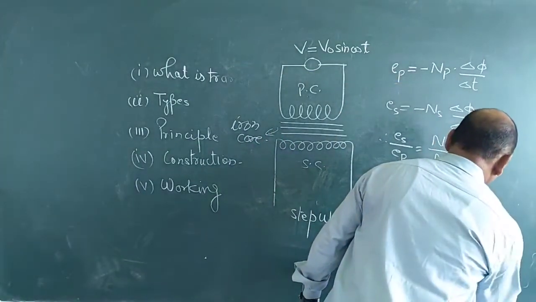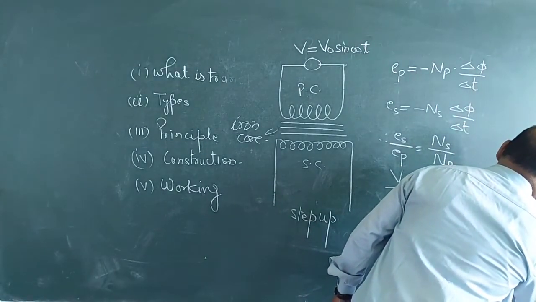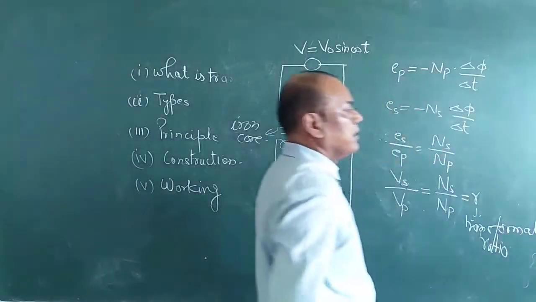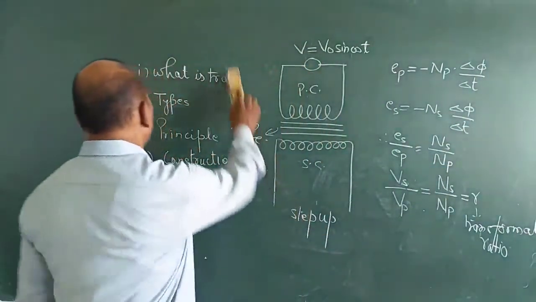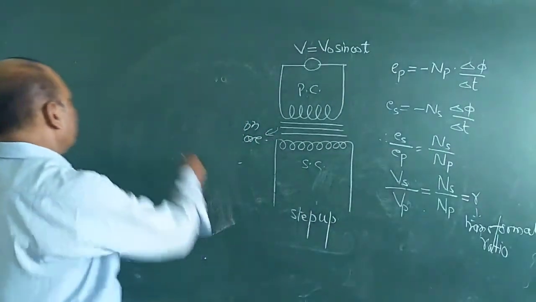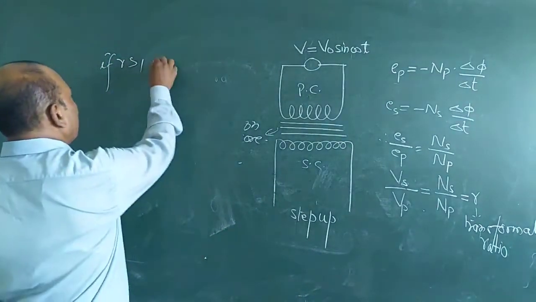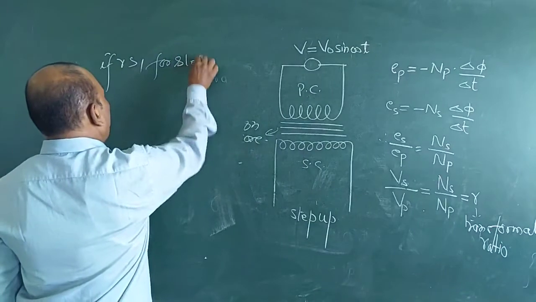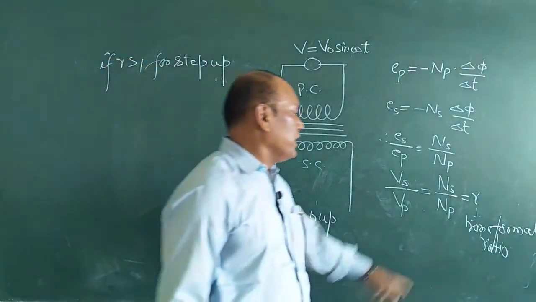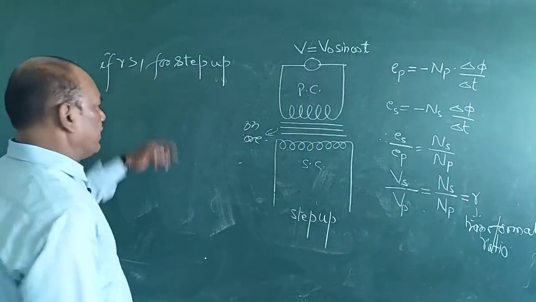Now first point, if R is greater than 1, it is a step up transformer, because in a step up transformer Ns is greater than Np, therefore R is greater than 1.